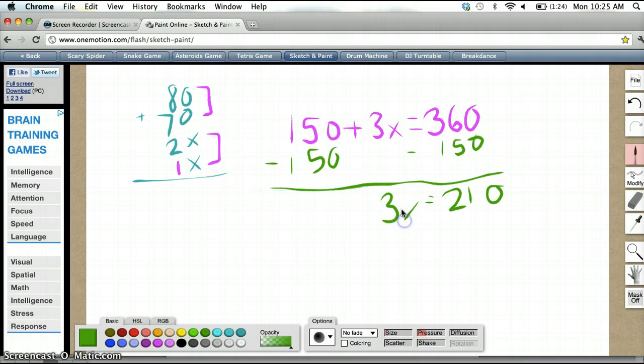Now this reads 3 times x, and you're going to do the opposite, which is dividing. So you're going to divide both sides by 3, and your x is going to equal 70, because 21 divided by 3 is 7, and 0 divided by 3 is 0. So x is going to be 70.